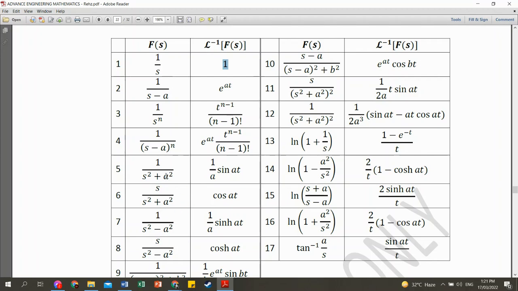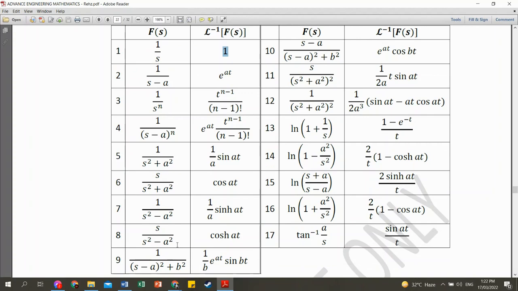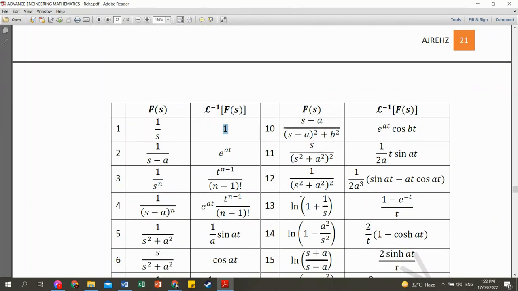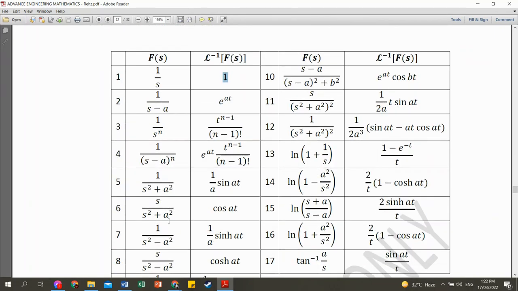If you have 1 over s squared plus a squared, you have 1 over a sine at. Pero kung a ang nasa taas, asan na yun? Hindi niya ata na-include dito. Okay, pero kung halimbawa you have a over s squared plus a squared, you have simply sine at.